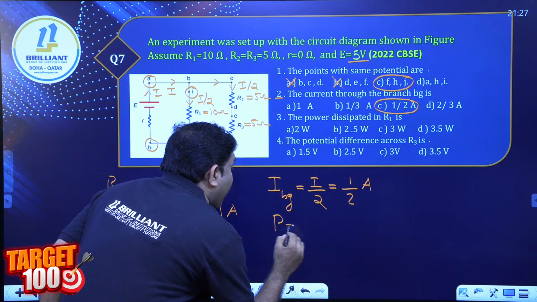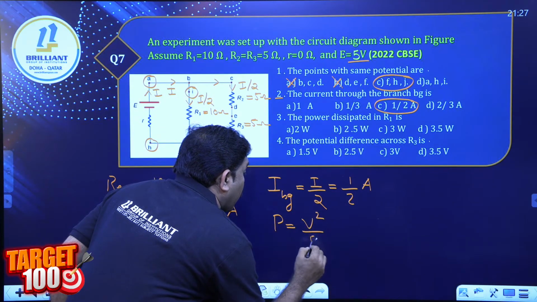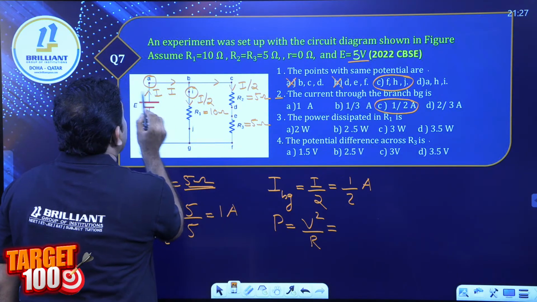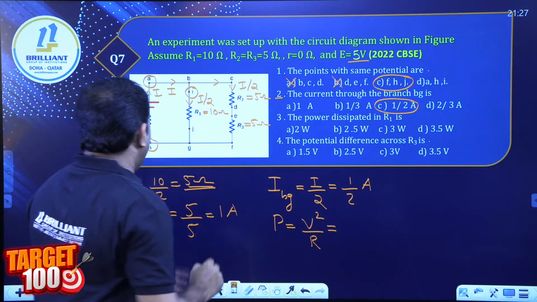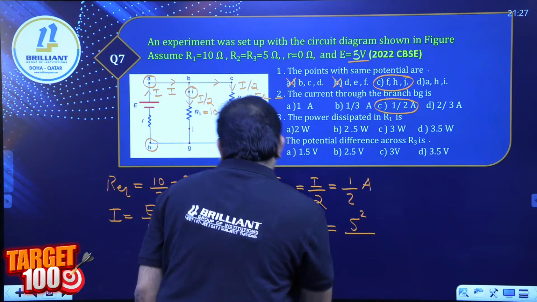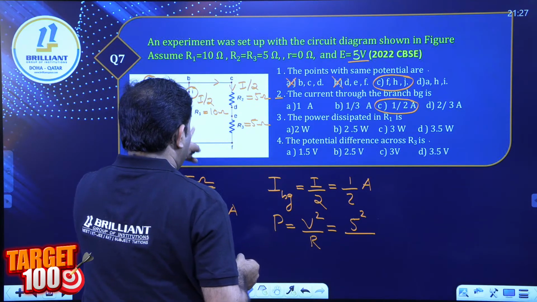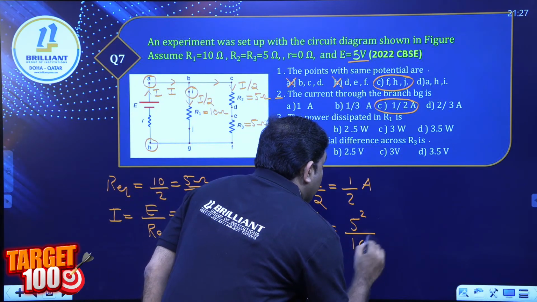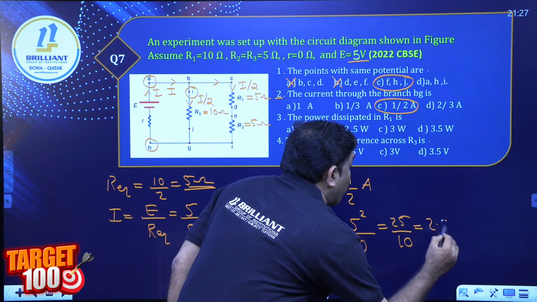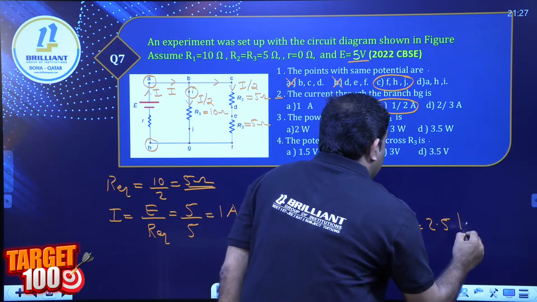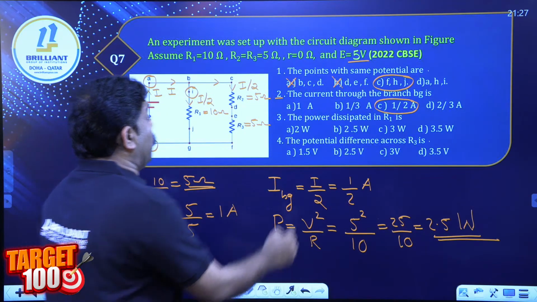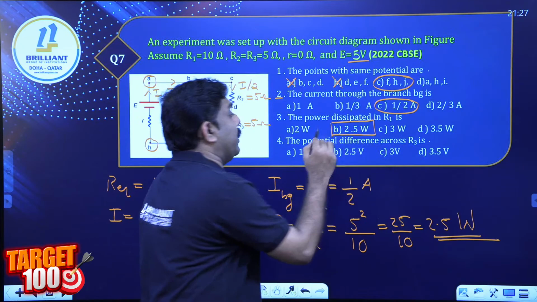As they are in parallel, I can take V square by R, because the voltage across R1 is the same as the battery voltage. Battery voltage is given, it is 5. So 5 square divided by R1, R1 is 10, so that is 25 by 10, that is 2.5 watt. So the power is 2.5 watt. The right answer is option B.